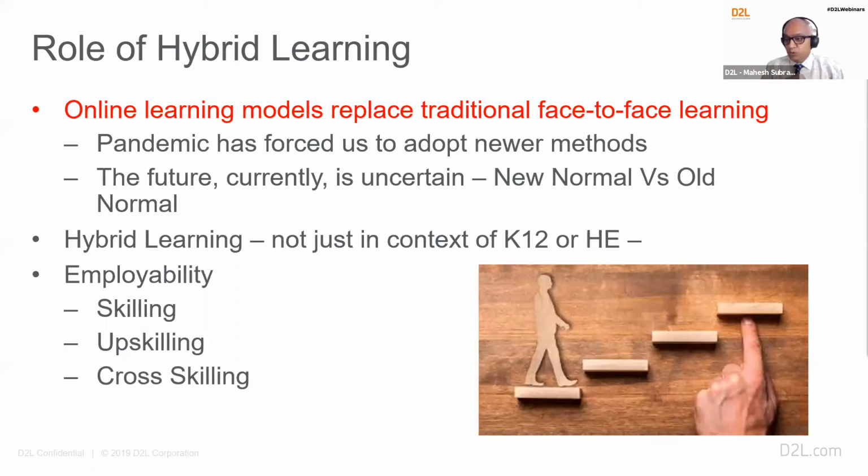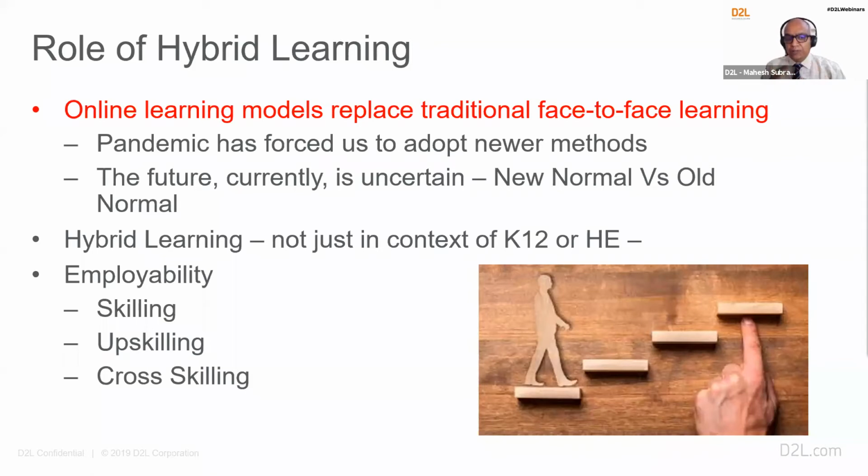So I'm not saying that we're going to go completely online. Right? I'm not going to say we're going completely classroom. All I'm saying is they're going completely hybrid now. Now, when I talk about hybrid learning, I am primarily talking from a K-12 or a higher education perspective.